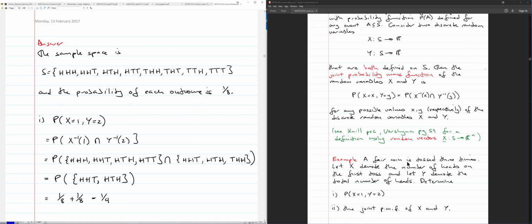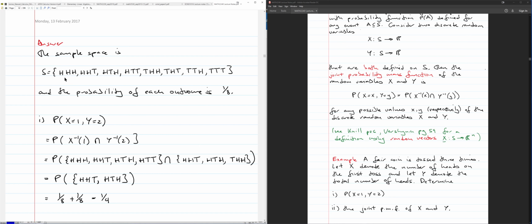You can regard this as a 3-stage experiment where each stage has 2 possibilities, so the number of possible outcomes is 2 times 2 times 2, which is 8, as listed over here.